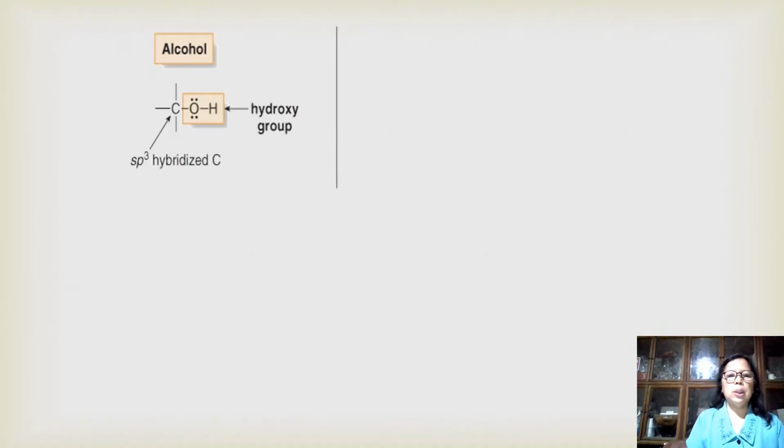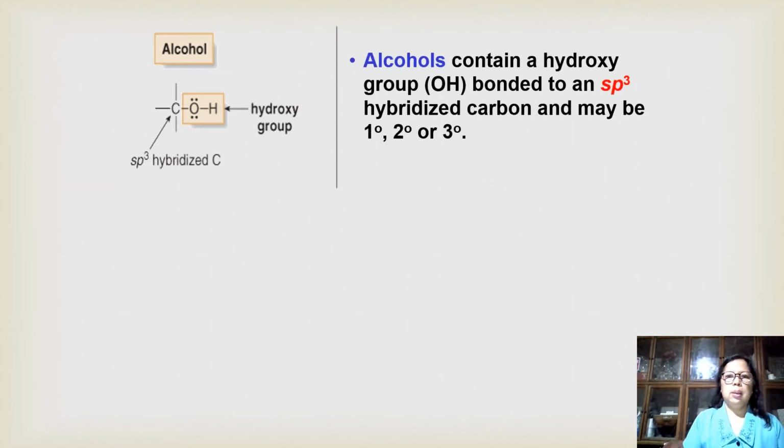Okay, let us try to look into the hybridization of the carbon directly attached to the functional group of alcohol. So you can see there on your screen that this is the main carbon attached to the hydroxyl group. So it carries the sp3 hybridized carbon.